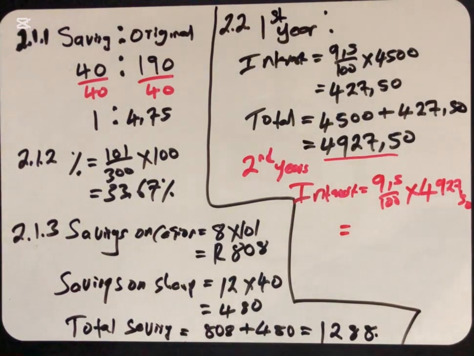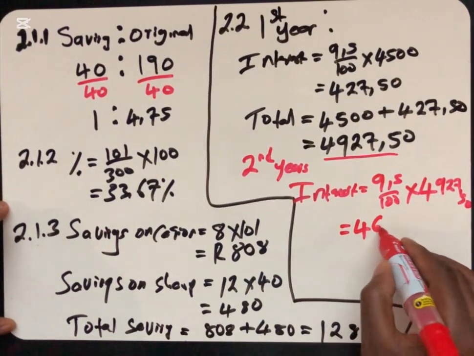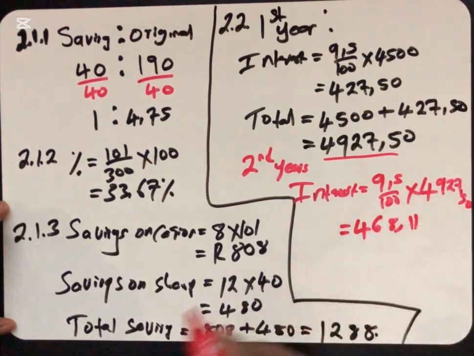So the interest that these learners are going to receive on the second year is going to be 9.5 over 100 multiplied by 4,927.50. So we found that the interest of the second year is 468.11. So this is the amount of interest that they're going to receive on the second year.